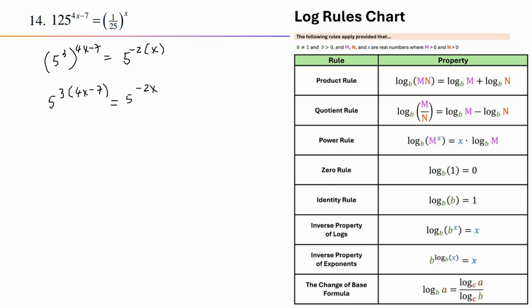Now we have the same base 5, so we just set the exponents equal. So 3 times (4x minus 7) equals minus 2x.